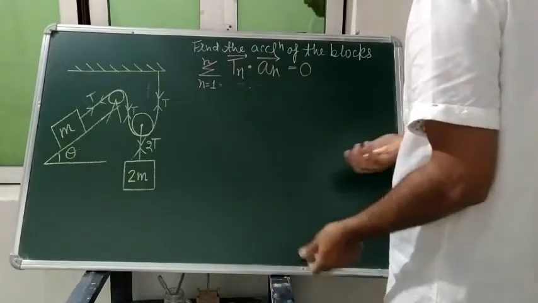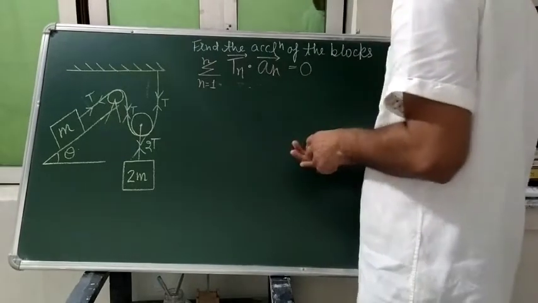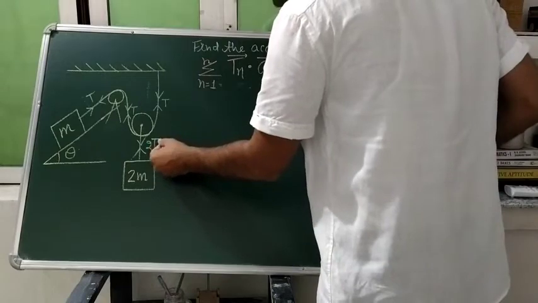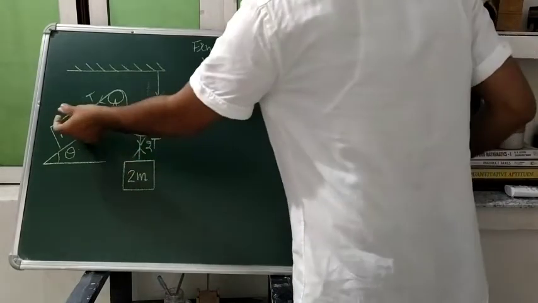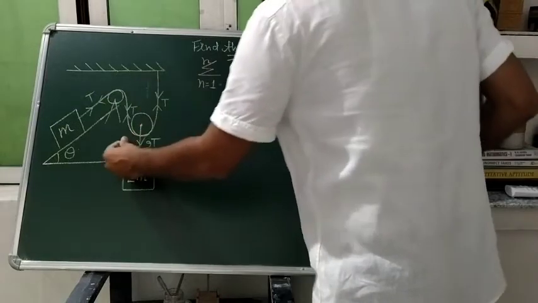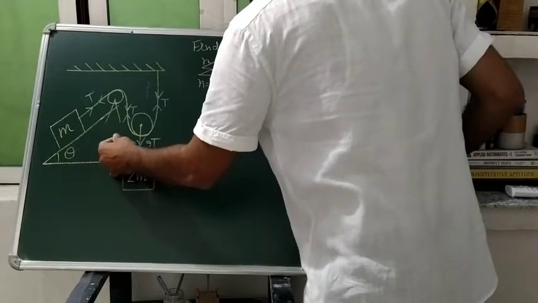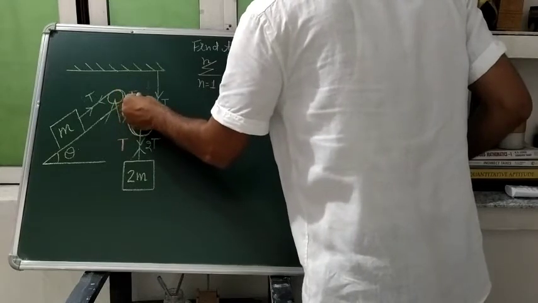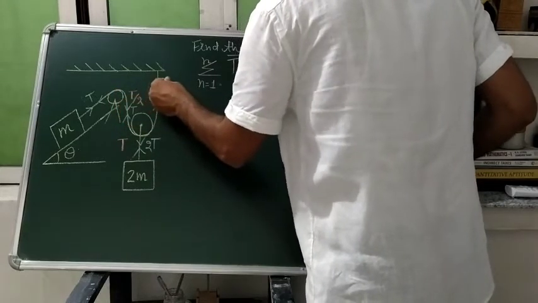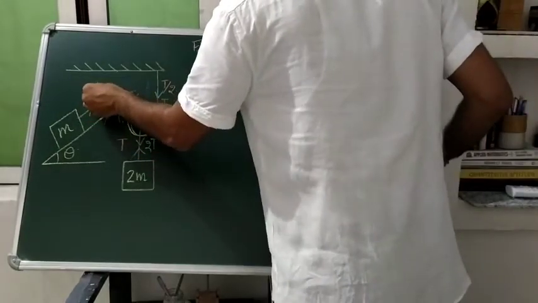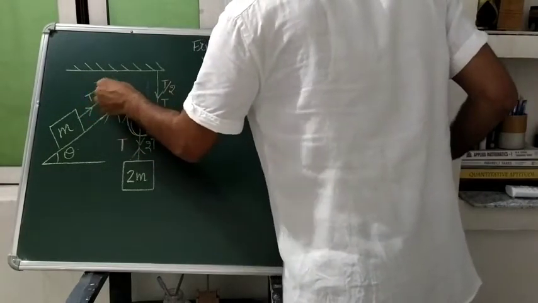Of course students, if you are saying this is 2m, and if T tension acts here, if you are not selecting the tension from here but from there, so what tension will act here? T by 2 and T by 2. Is it?